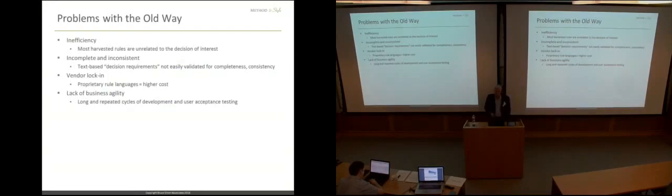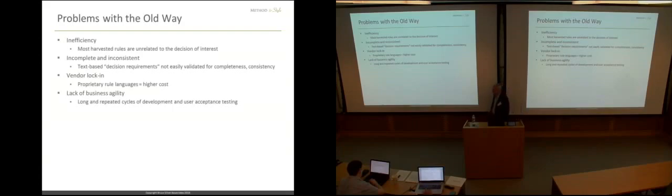So starting by hunting down, harvesting all the rules is not very efficient because a relatively small fraction of the rules that you harvest are actually relevant to the decisions that you want to implement. The whole notion of text-based decision requirements is vague. They're not verifiable, not testable for completeness, consistency. So there's a problem there.